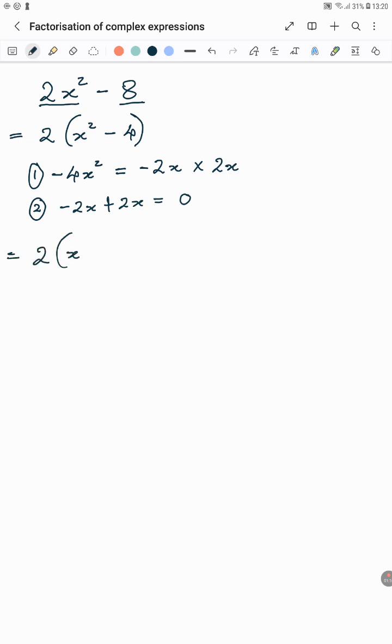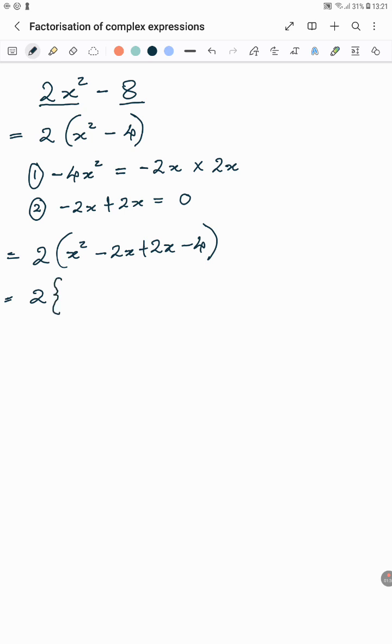So here you're going to have x squared minus 2x plus 2x minus 4, and here you can factorize. You can introduce another type of bracket called a curly bracket.